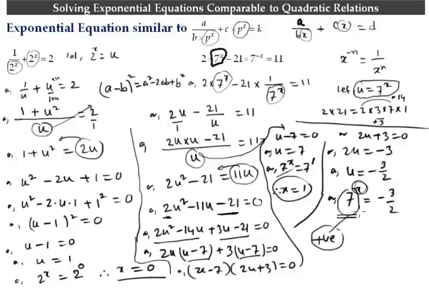So this left hand side can never be negative, it is always positive. Minus 3 by 2 is negative. Positive and negative can't be equal, so this relation 2u plus 3 equals 0 will never give any feasible solution. So the solution of this quadratic form exponential equation is x equals 1.